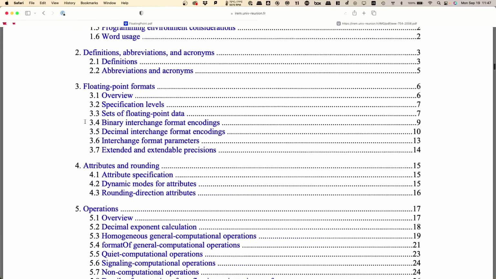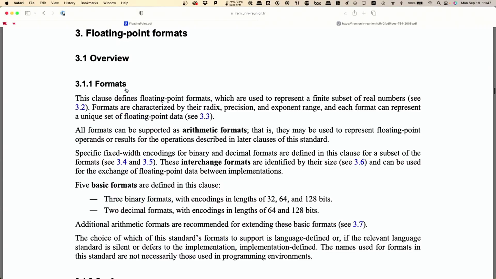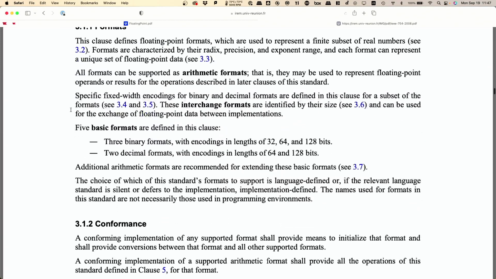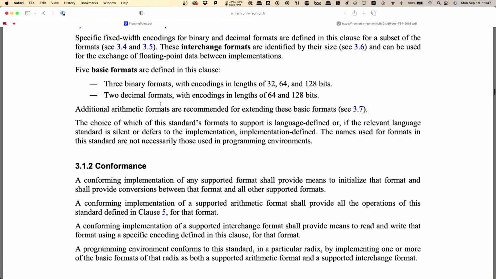So the manual here, IEEE 754, defines three binary formats: 32-bit, 64-bit, and 128-bit. Okay, so where's the 16 and the 8? They're not actually defined in the standard.